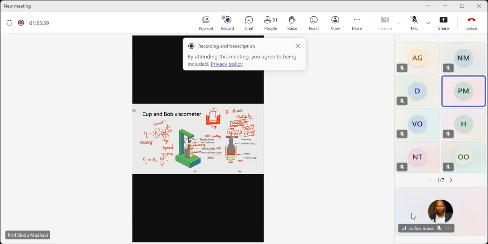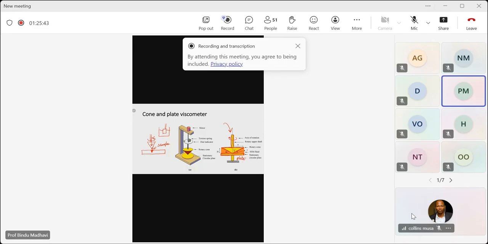It is also going to have a similar arrangement to what you have seen, a torque measurement to calculate the work done by the rotating element. You can see the same part here. There is a torsion spring which measures the work done by the cone. We measure the velocity of the cone.